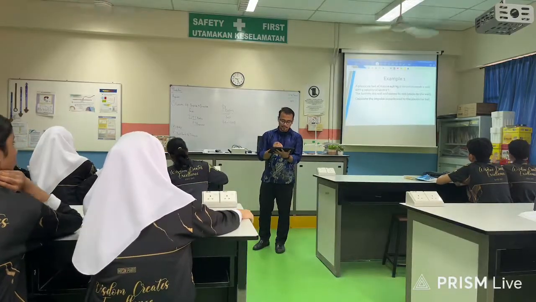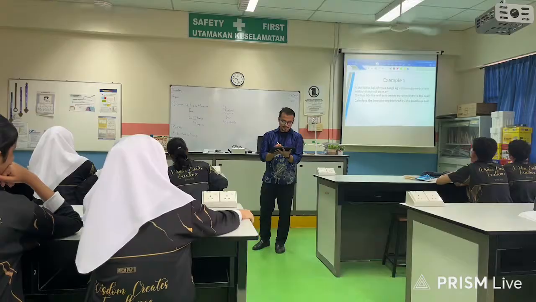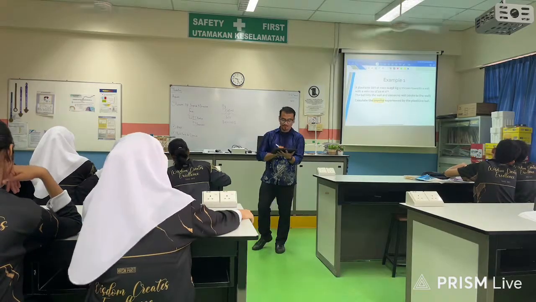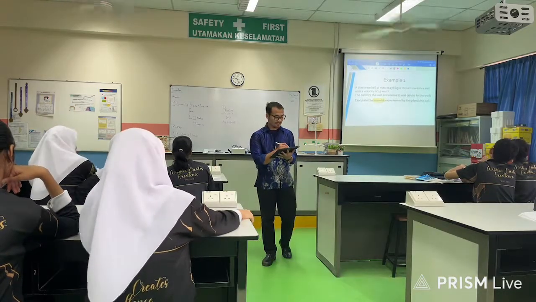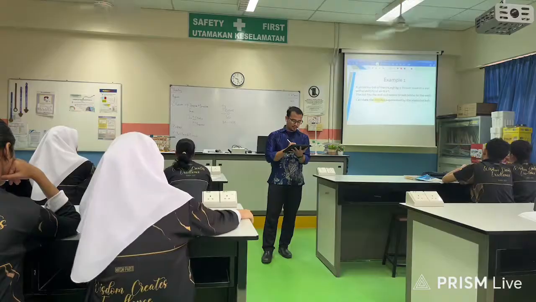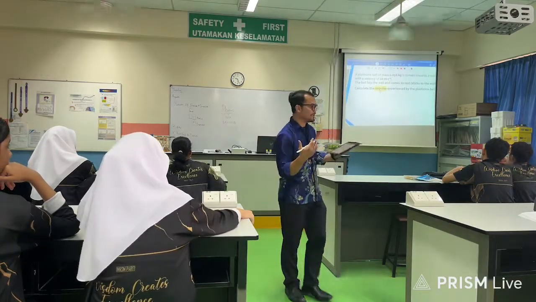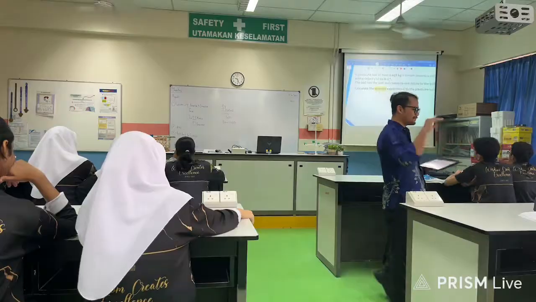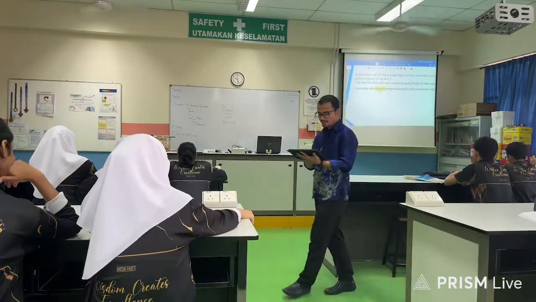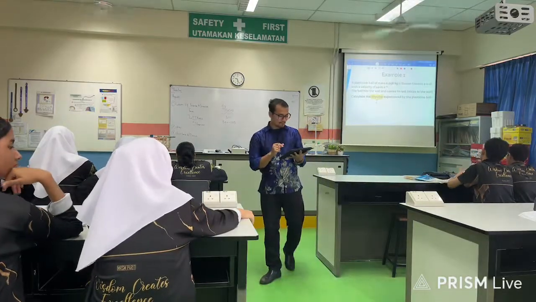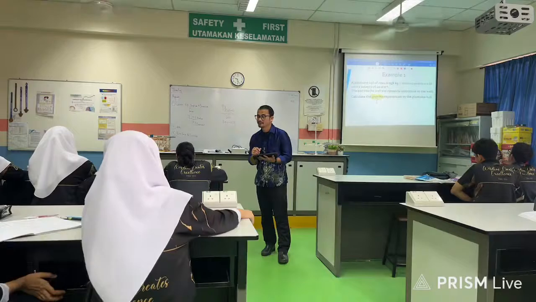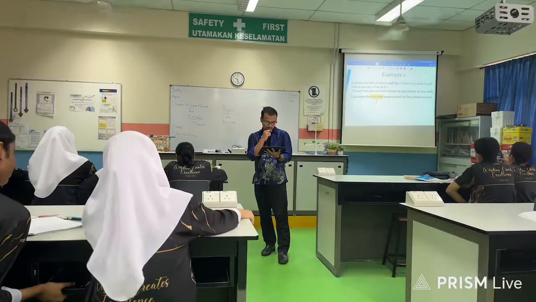So class, what is the symbol for impulse? J. Good. What is the formula that we can use? Since we have two formulas for J, mv minus mu.